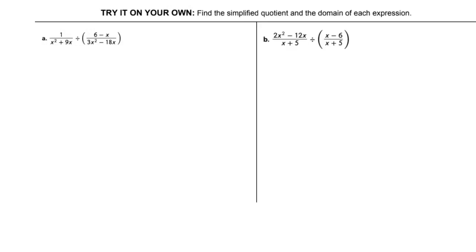All right, so what I want you to do is try these ones on your own, right? First, flip the numerator and denominator, then factor. So flip numerator, denominator of second rational expression. Then factor everything.